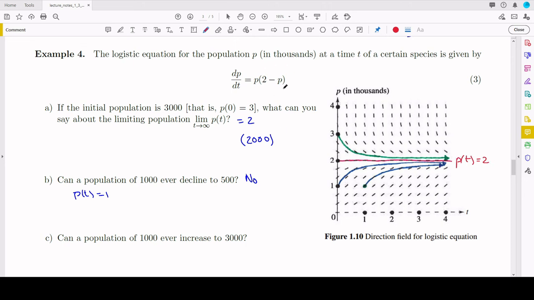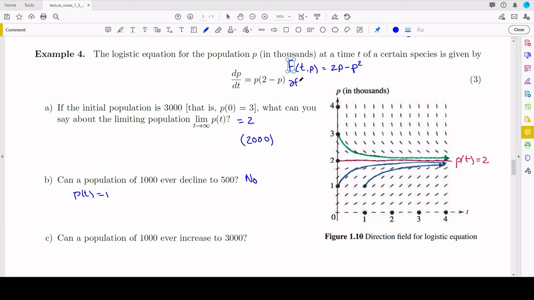Now, our function here, and think of that P as your y value, the function f of x, y, or in this case f of t, P, that is 2P minus P squared.